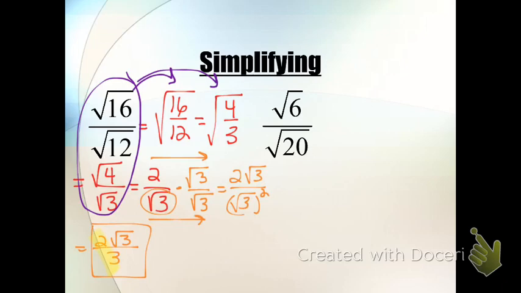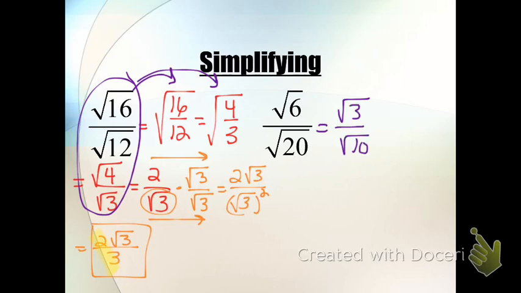Technically that's the work that I'm doing, but sometimes we like to skip a few steps so that we don't have as much writing to do. So rather than putting the 6 over 20 together into one fraction and then splitting it up again, I'm going to skip showing that part, but the square root of 6 over the square root of 20 reduces to the square root of 3 over the square root of 10.